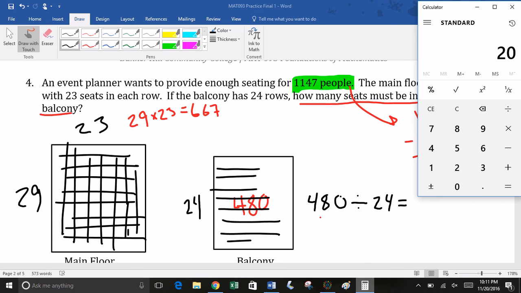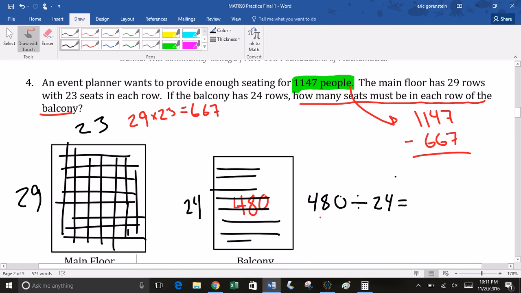Okay, so that gives us 20. And let's just make sure that that works. I'll highlight this in blue.